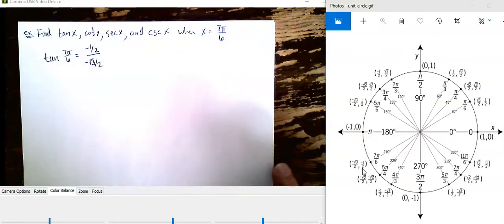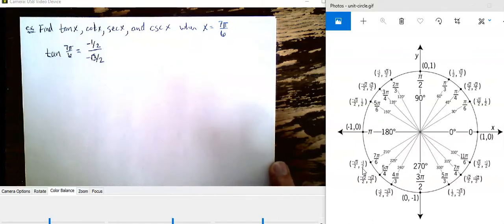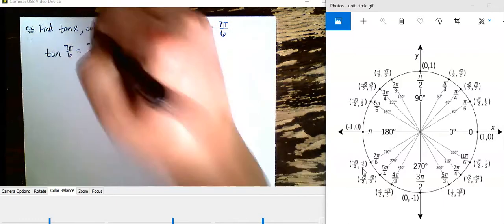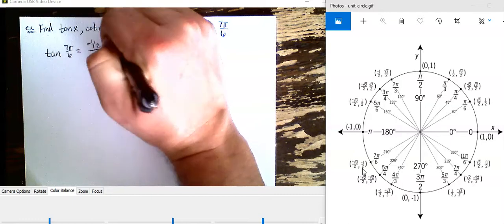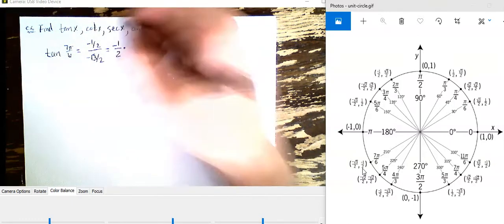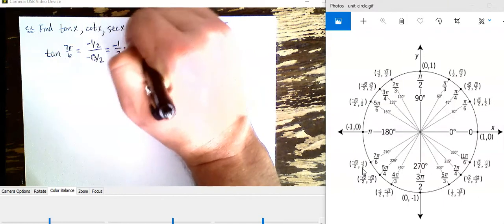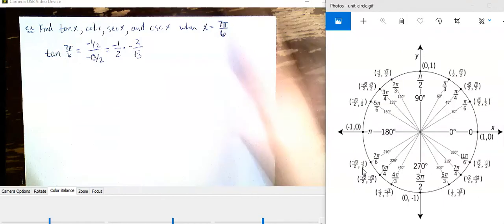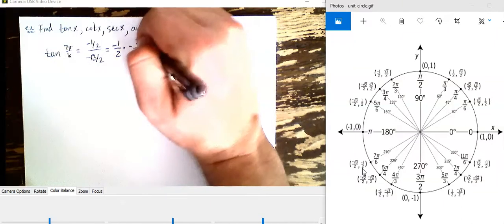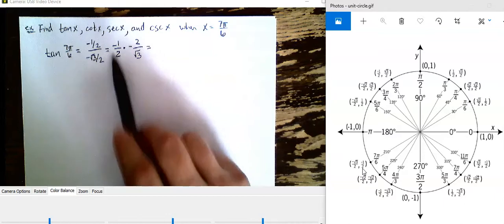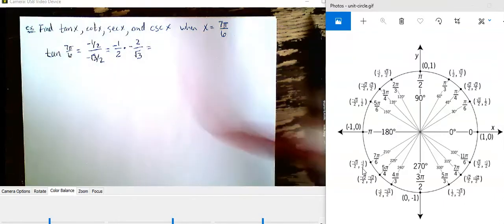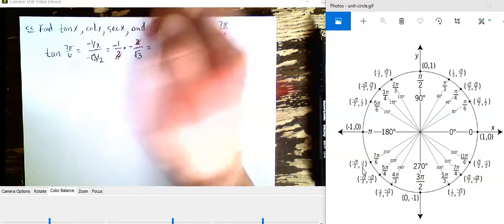Okay? Now, to simplify this, of course, we can just multiply by the reciprocal of the bottom fraction. So this will be equal to -1/2 times the flip of this, so -2 over √3. Now we see a negative times a negative is going to give us a positive, and these 2's are going to cancel each other out.